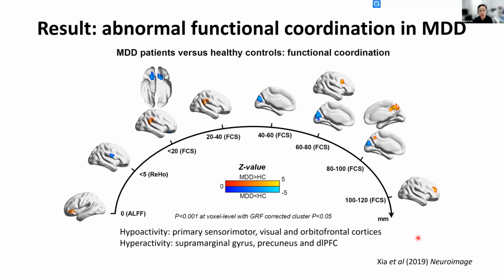Generally, when we put all data together, we found that patients had hypoactivity in the primary sensory motor, visual, and the orbitofrontal cortex, and hyperactivity in some high order regions, such as the supramarginal gyrus, precuneus, and dorsolateral prefrontal cortex.